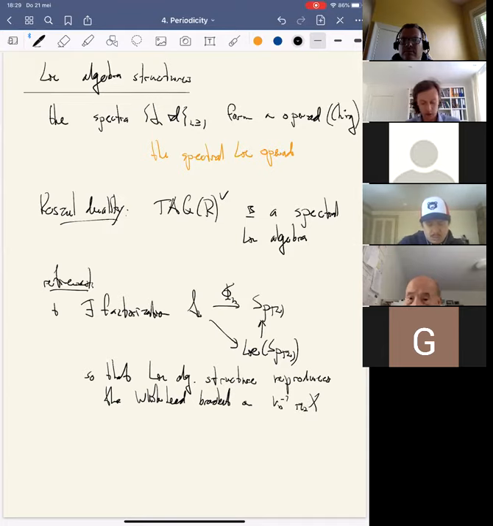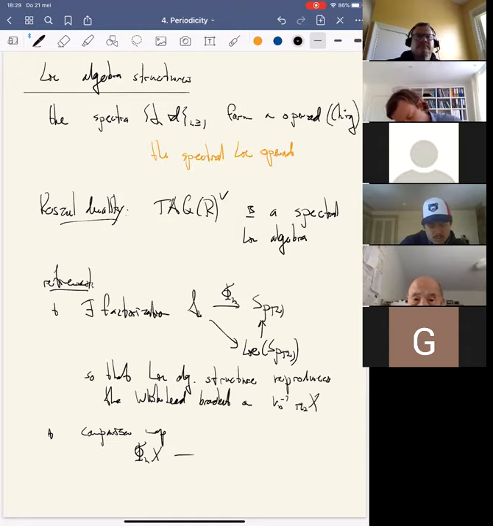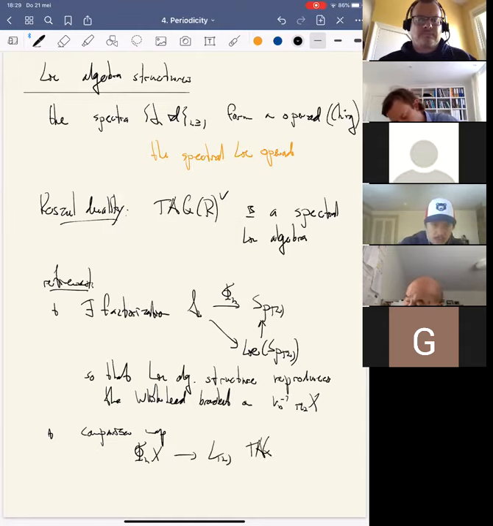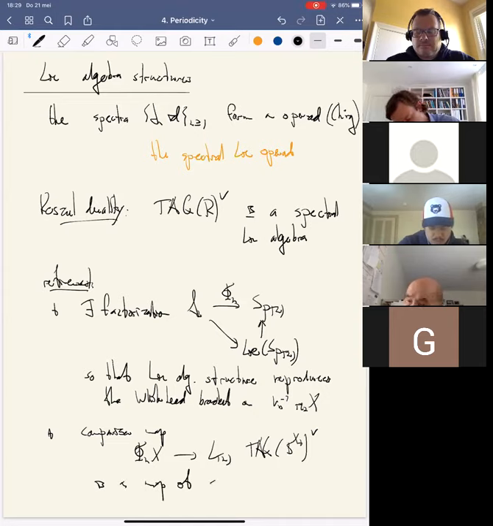And the other thing is that the comparison map, this Φ_n X to the dual of TAQ, is a map of spectral Lie algebras.